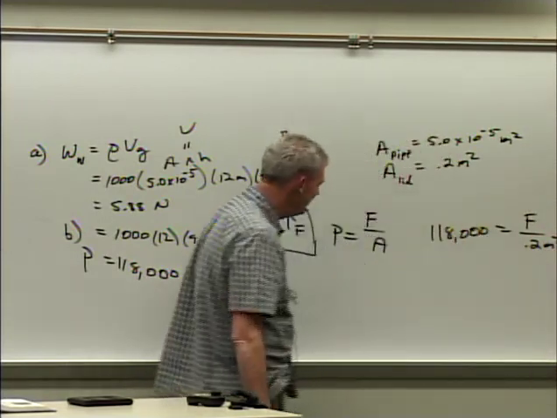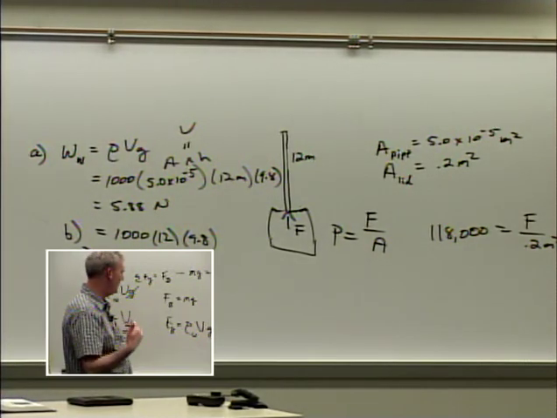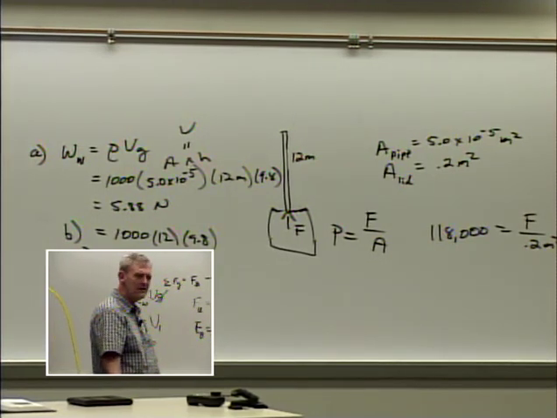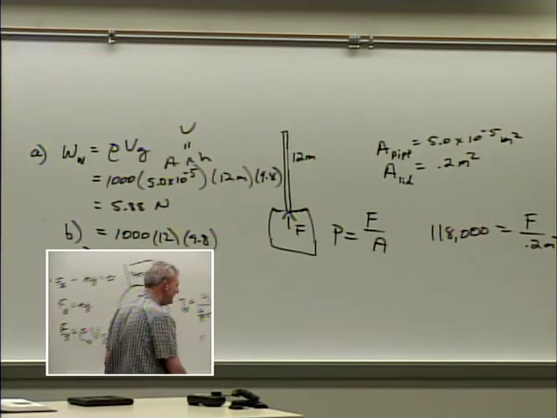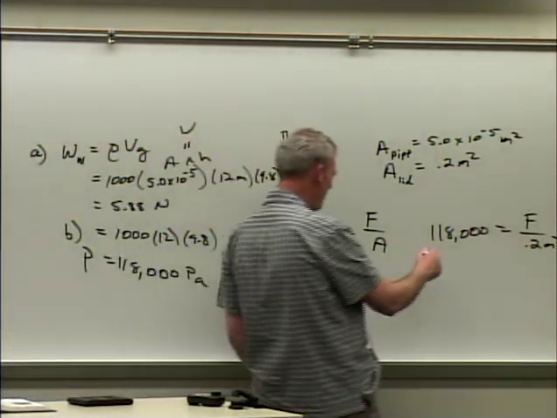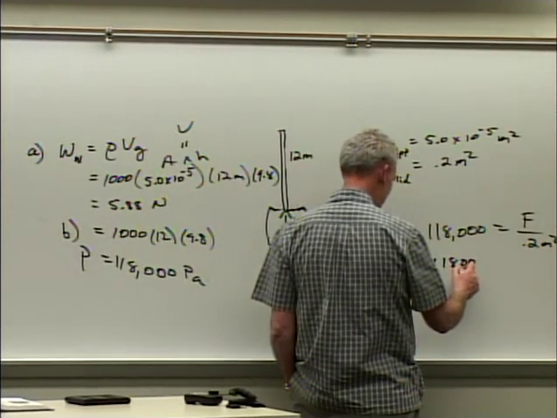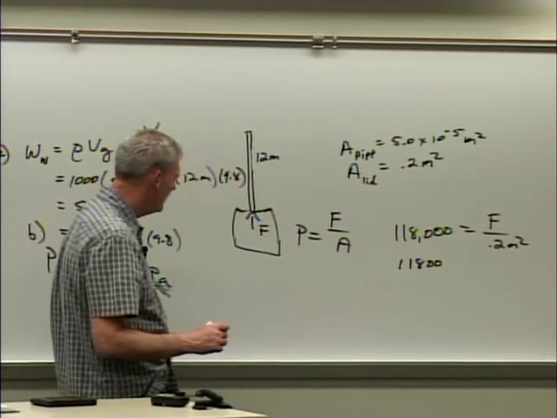You take that 118,000, multiply it by 0.2. You get a lot of newtons, about 3,600, something like that. I don't know. It's quite a few. When you multiply this out, basically, if I multiply by 0.1, I'm going to get 118.00. It comes out to be what? 23,600.